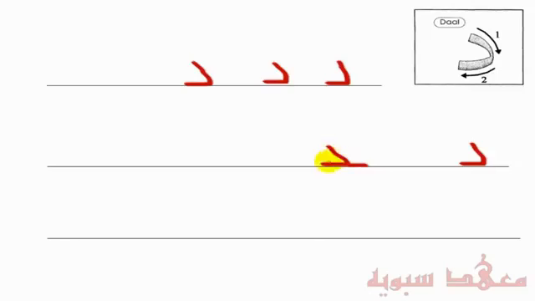And the dal is not joined to the next letter. And once again, in the end, it's the same way. So it's like that. So it can be joined from behind, but nothing can be joined after it. So if we wrote 3 dals one after the other in the same word, it would be as follows.